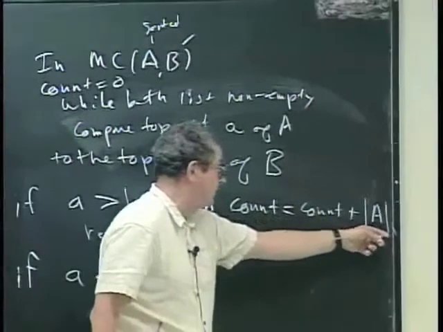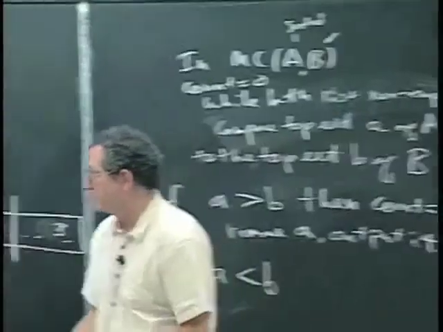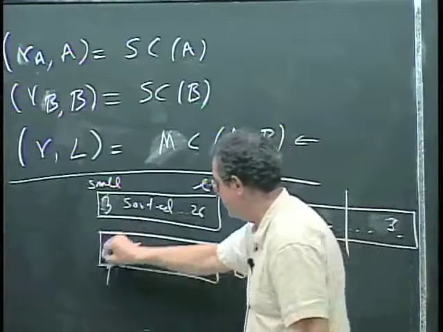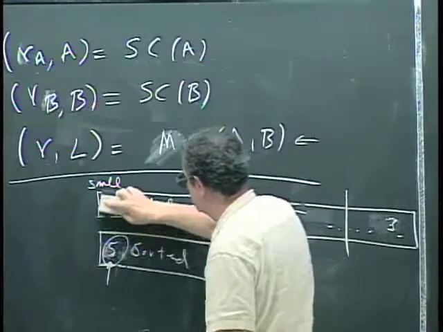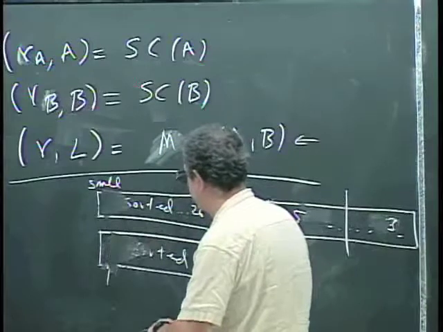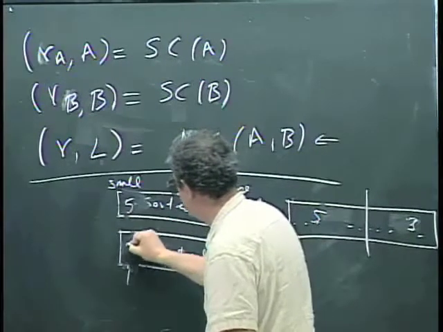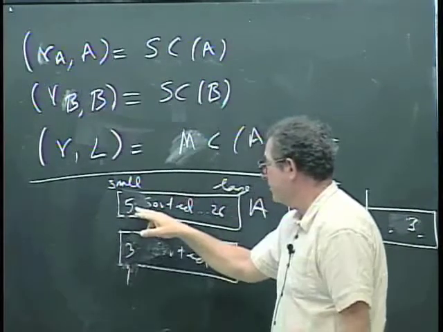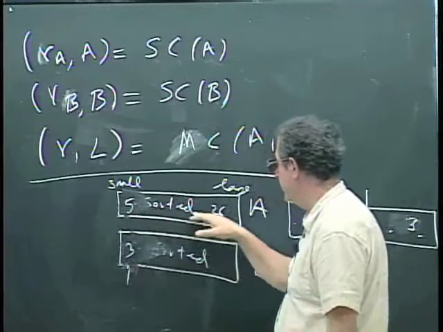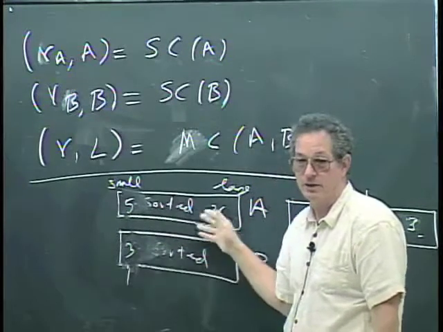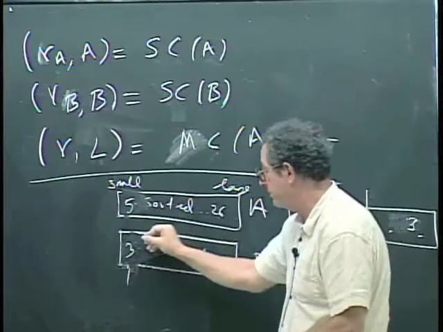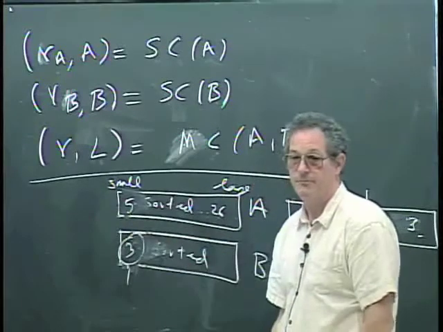What we were adding to the count were inversions that involve this number. That was back when it looked like this, 5, 3. We knew that 5 was bigger than 3, and we knew that each one in here was bigger than 5, so each one in here was bigger than 3. So these were all inversions that involved this element.